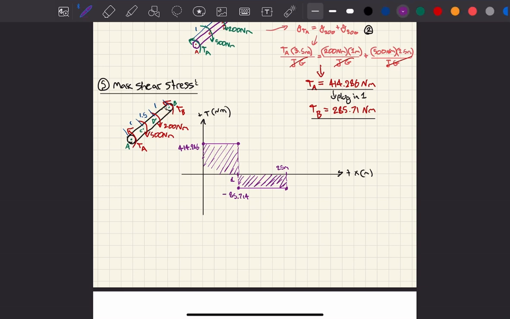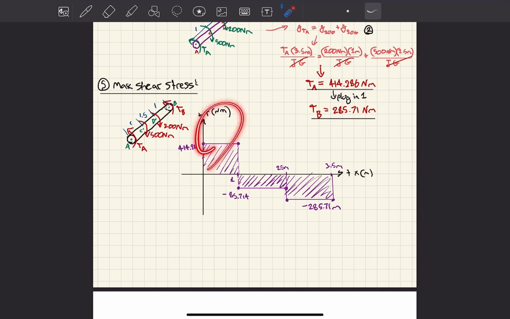Long story short, for this side we have negative 285.71 all the way to 3.5 meters, and this represents the torque versus my distance x if I started at A. But I could have easily started at B and gone to A. What do we get from this?